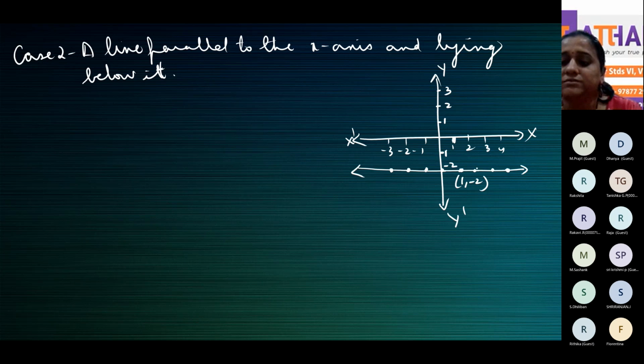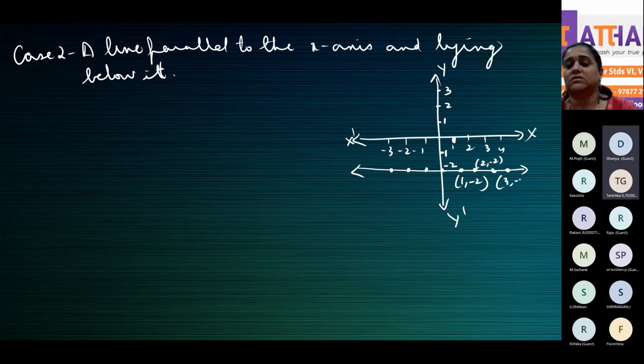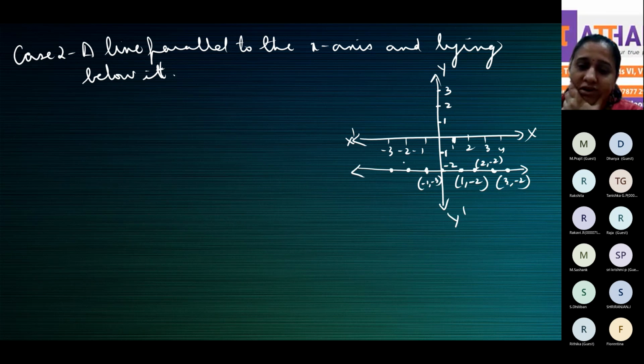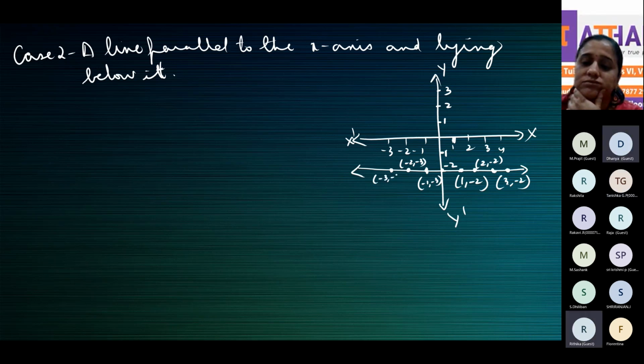The next one? 2, minus 2. The next one? 3, minus 2. Very good. On the other side? Minus 1, comma, minus 2. Correct. Next one? Minus 2, comma, minus 2. Next one? Minus 3, comma, minus 2.